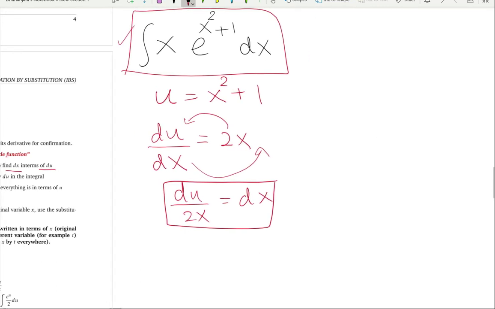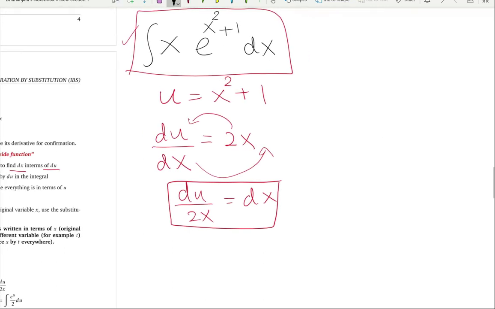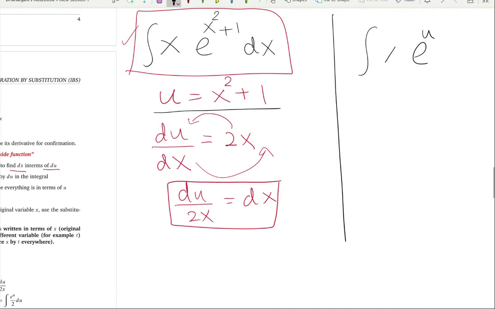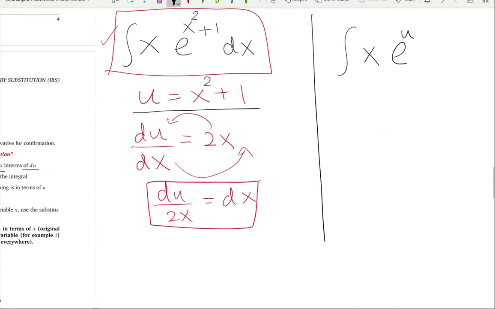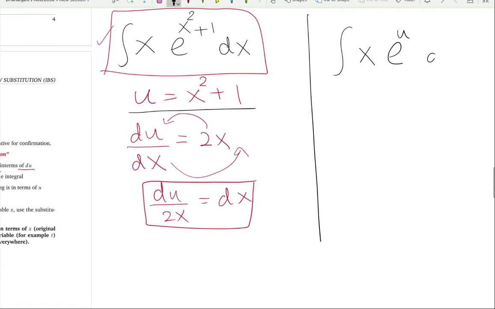So let's do that. First start with the inside function. We can easily write x squared plus 1 as u, because we defined our new variable u to be the inside function. Now x can stay here. Now what is dx? dx is du over 2x. What you do is now you can see x cancels out, right? x cancels out.